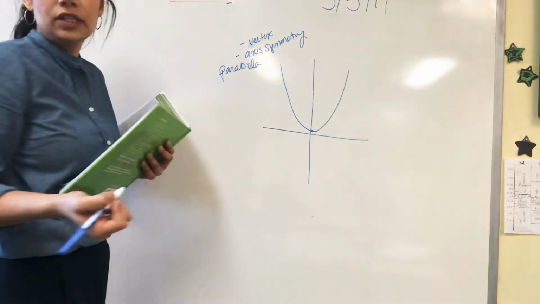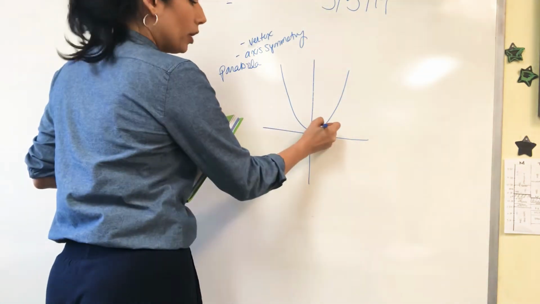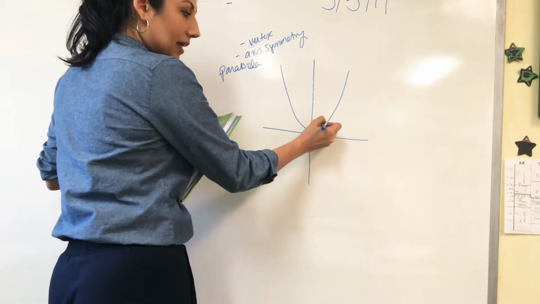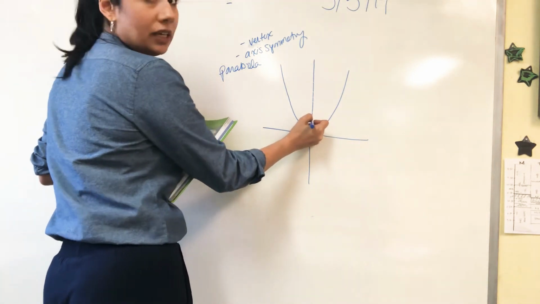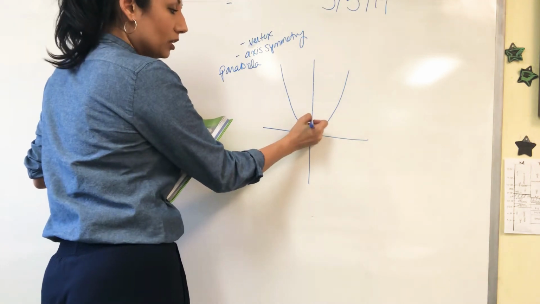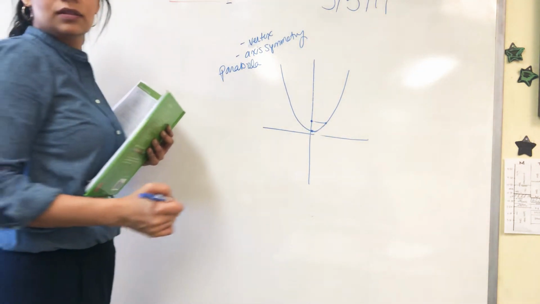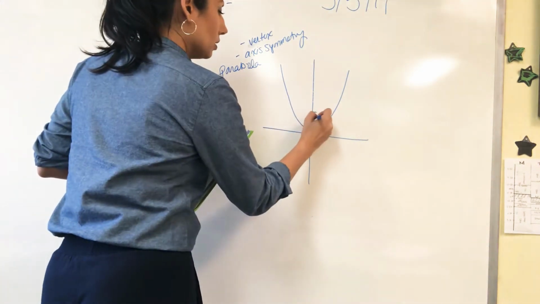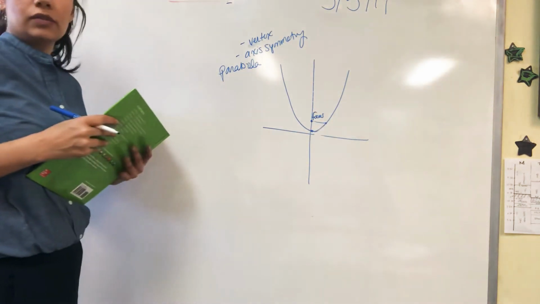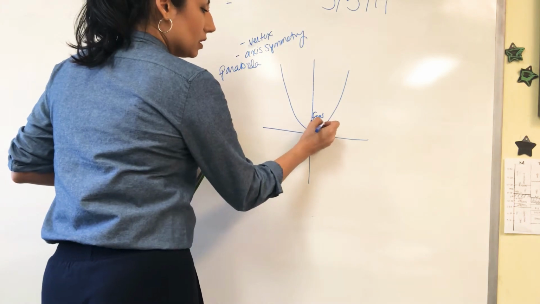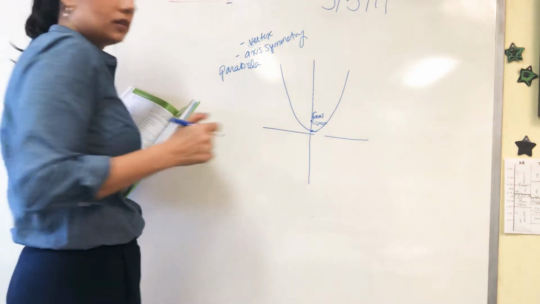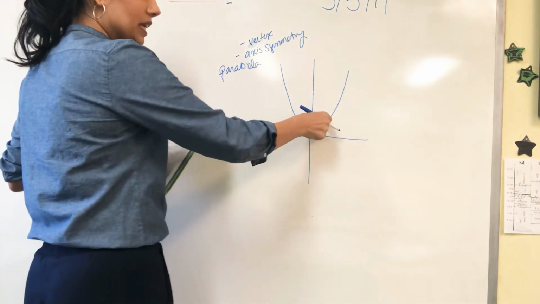You can follow it on the left side too, it doesn't matter. Wherever you stop, that distance perpendicular to the axis of symmetry, from the vertex right here, is the focus.